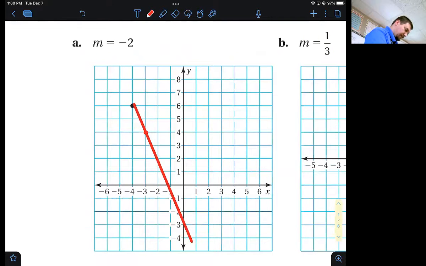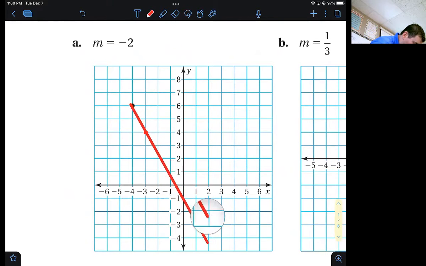That's not a really good line. Come on, Notability. You're not doing me any favors here. If that is going to look like it's straight, it's close enough though. Well, I know that if I go down 2/1, I know that that point's on the line.